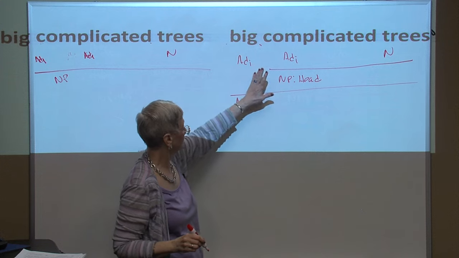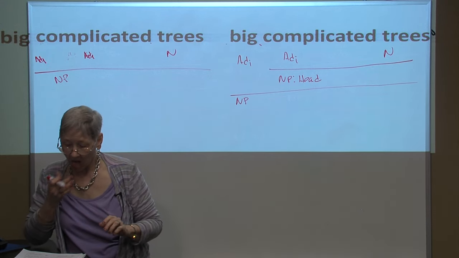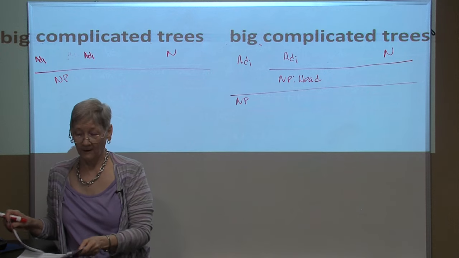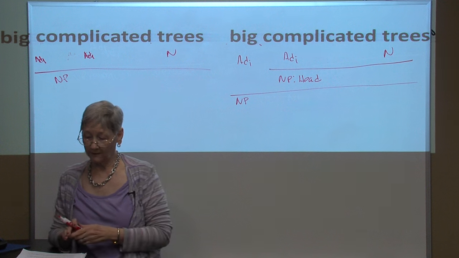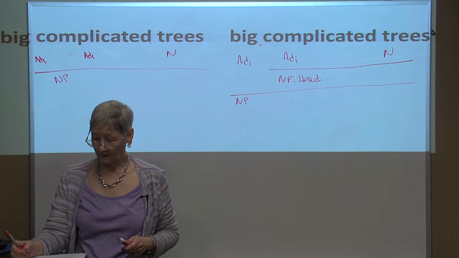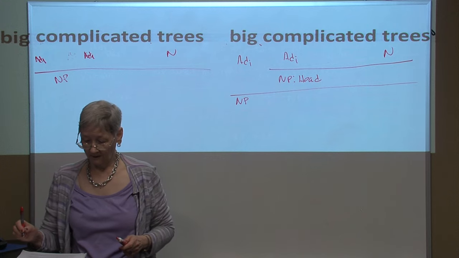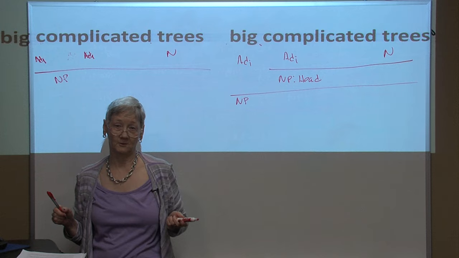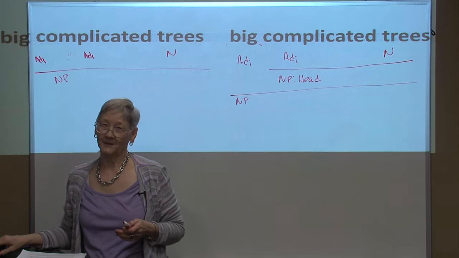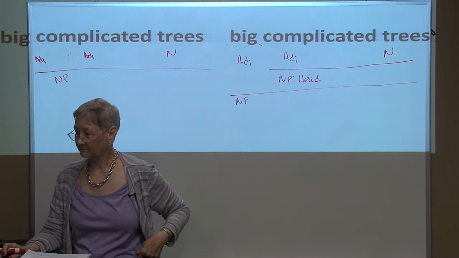So big modifies complicated trees in the second structure. Once again, written context is necessary to determine the function of this phrase, but speech makes them clear. Big complicated trees or big complicated trees. It's hard to do out of context, but maybe that gives you an idea.